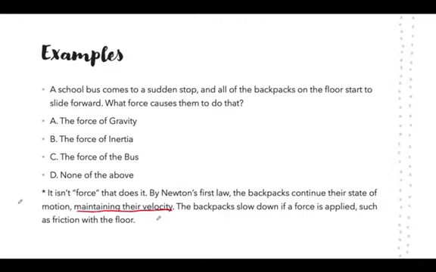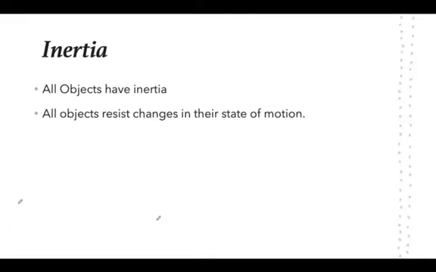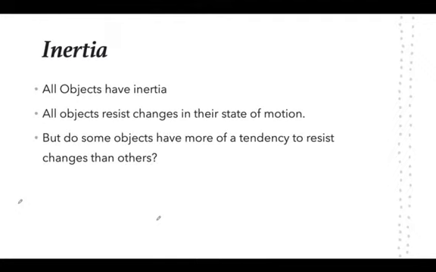Alright, let's talk a little bit more about inertia. Now, all objects have inertia. All objects want to resist changes in their state of motion. But do some objects have more of a tendency to resist changes than others? Is it more difficult to change the state of motion of some objects? Yes.